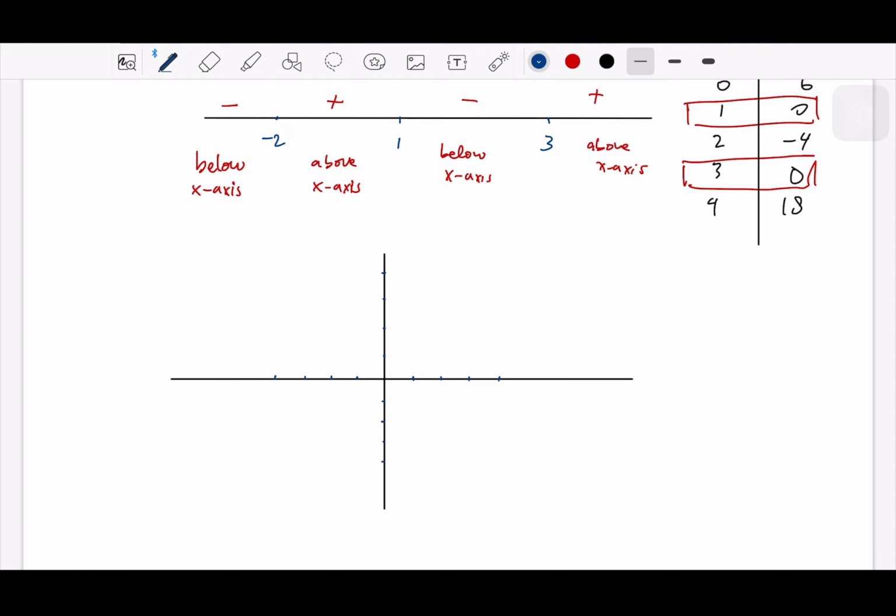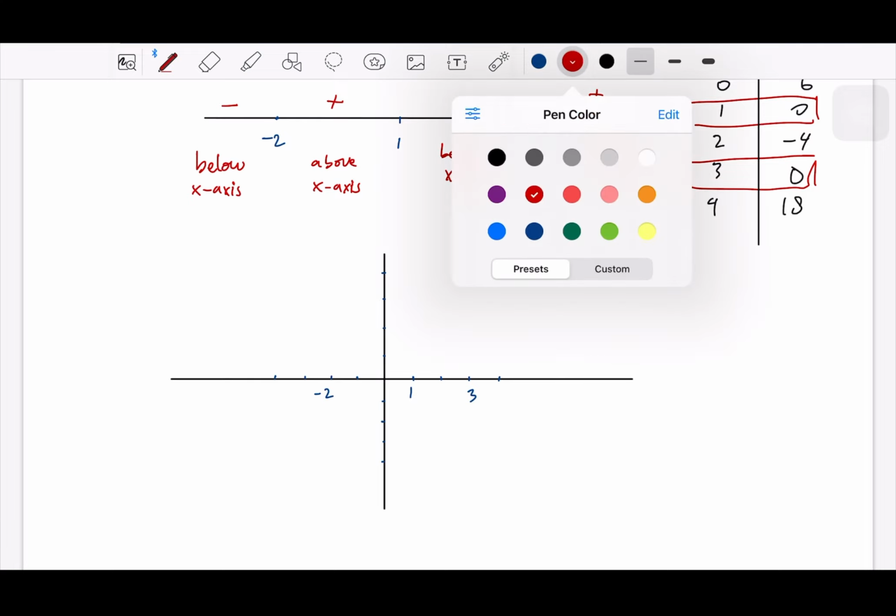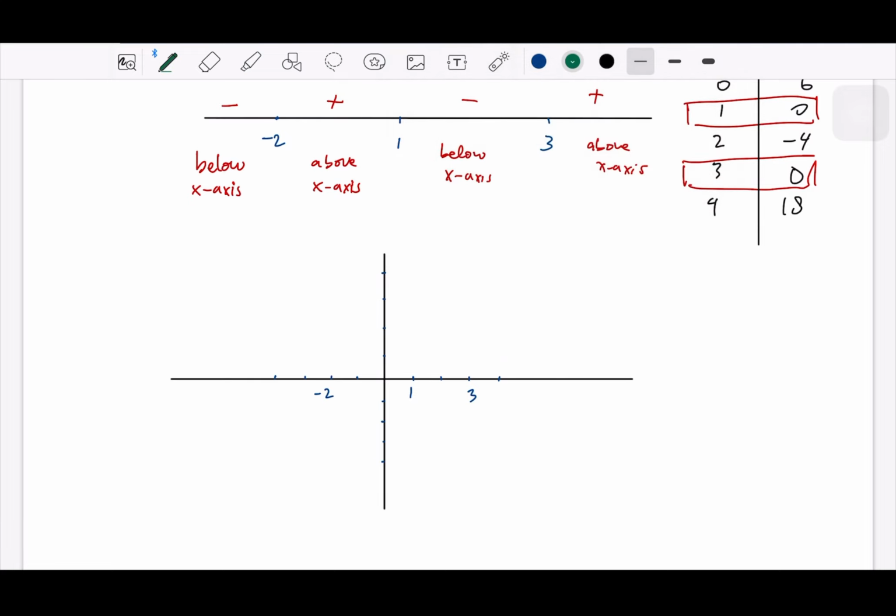So we start, let's say, just to note the zeros first. So we will have -2, 1, and 3. So all these will be zeros. And let me start from the left part.